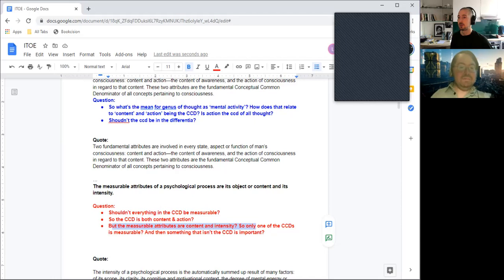The way this is written makes me think that there are two CCDs and they are both always present among all concepts of consciousness. Right. So there are two CCDs and they're both, why did I say so? Only one of the CCDs is measurable.